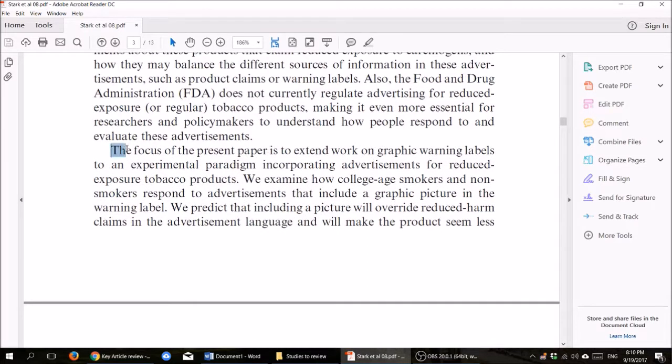Oh, here you see, the focus of the present paper is to extend work on graphic warning labels to experimental. And see here, it said experimental. So how can you confuse that with a correlational study? So an experimental paradigm incorporating advertisements for reduced exposure tobacco products.